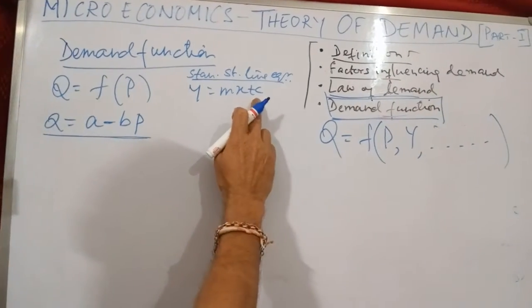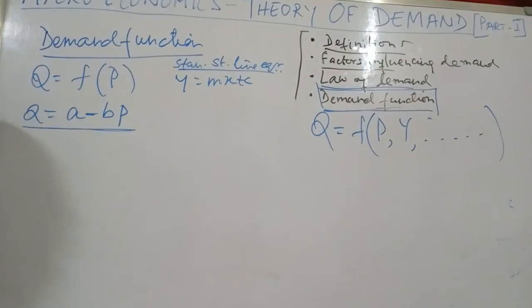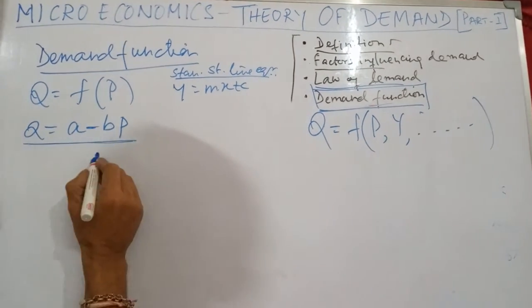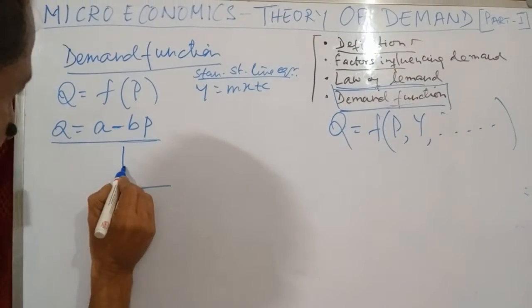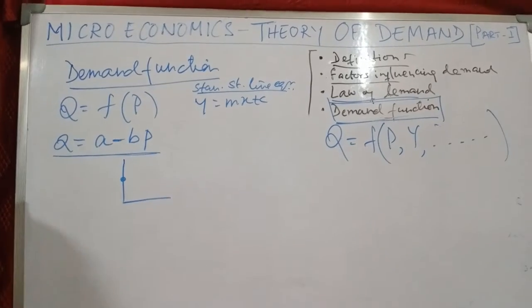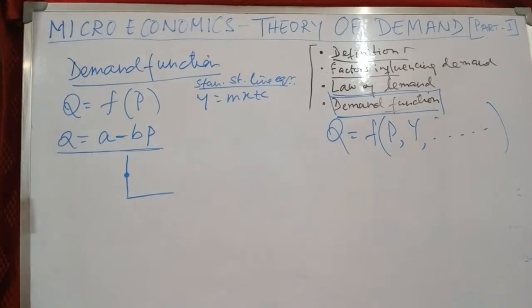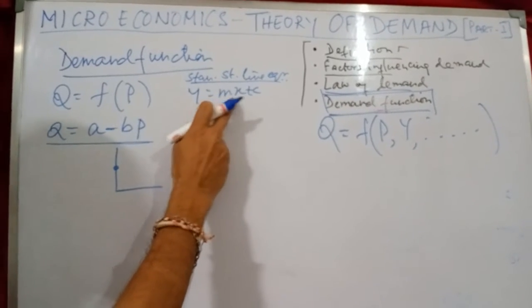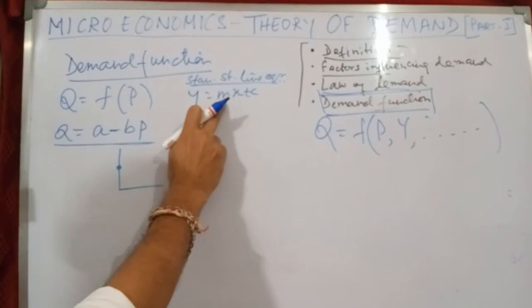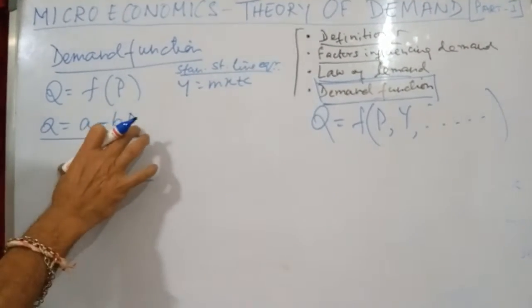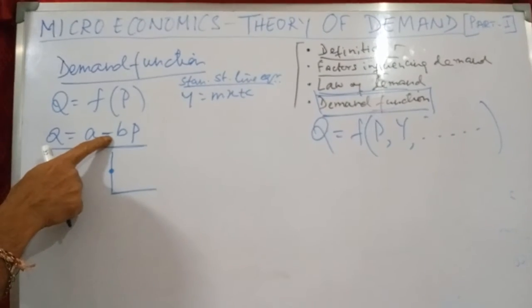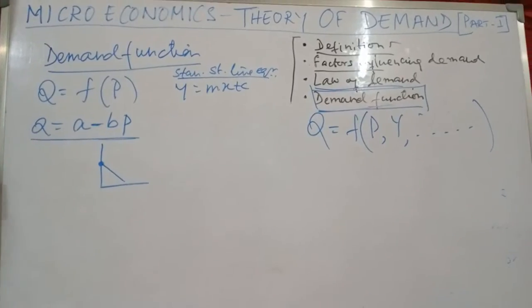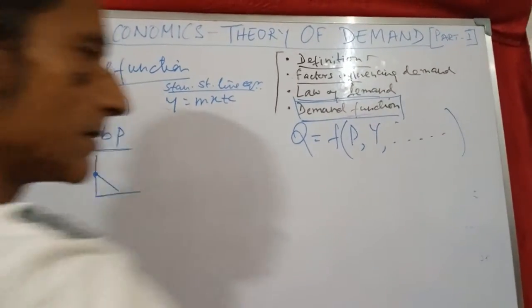Like c, here A is the intercept, that is the positive intercept on the y-axis, correct? And here m is positive, that is, the coefficient of x is positive; here the coefficient of P is negative. This means this is downward sloping, correct?